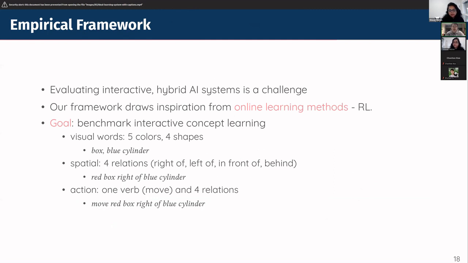Okay. So let's talk about evaluation a little bit. How would we evaluate such a system? And usually it's a challenge, right? If you are well versed in AI terminology, the way to look at an intelligent system or a machine learning system is to look at the accuracy of a classifier, right?